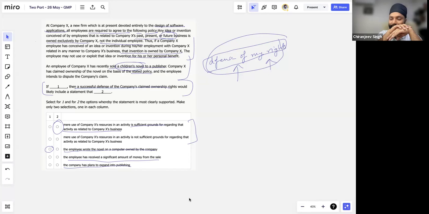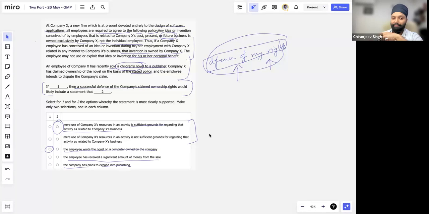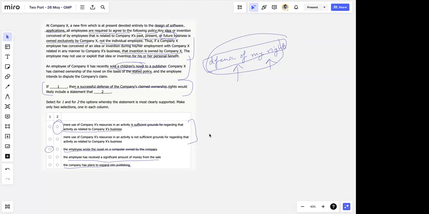Okay. Others, can some of you share where you went wrong? Yeah, Shivangi. So basically, I also went for the last option and I had sent it as my answer as well. The company has plans to expand into publishing, because it looked like a future plan. But I was very convinced that this is the answer.